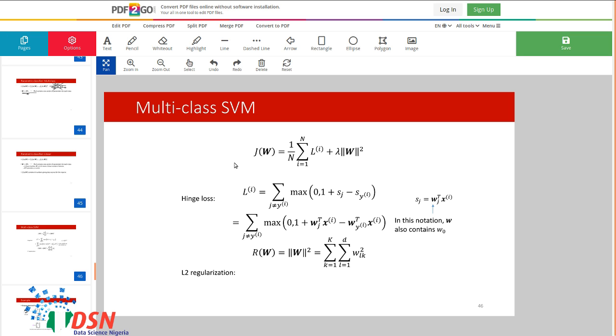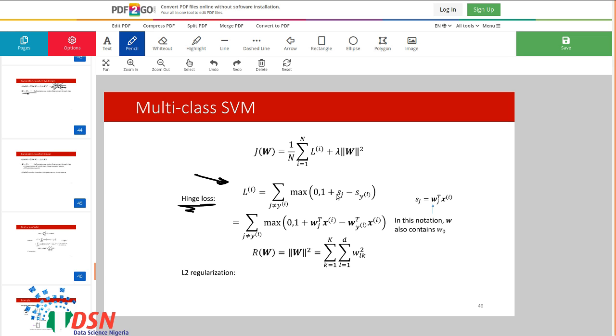For example, in multi-class SVM, we could write the loss function in this form. We saw this is hinge loss, so maybe it is a clearer way to write the loss function this way, and Sj is W transpose X for the input Xi.